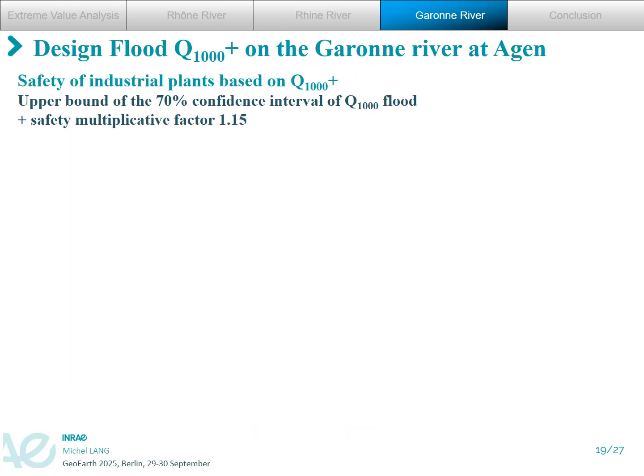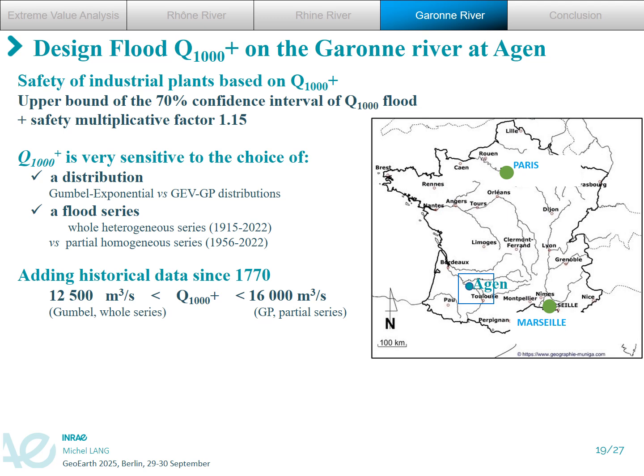So let's move to the third case study on the Garonne River near Agen. It's related to the safety of a nuclear power plant based on Q1000 plus flood, which is the upper bound of the 70% confidence interval of the Q1000 flood, plus a safety factor of plus 15%.